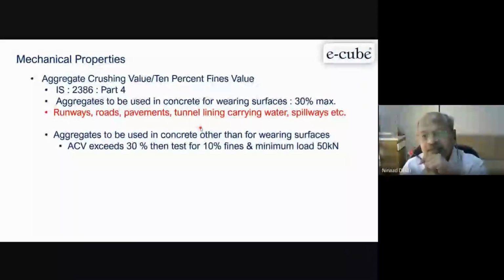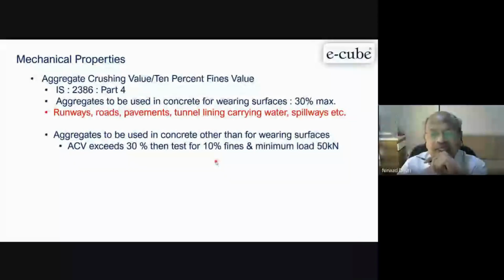But for normal buildings, you can go up to 45%. For wearing surfaces, you can go only up to 30%. So one has to understand which application you are going for, and accordingly check the quality of aggregates available in that particular area. Suppose they are not available, you have to bring them from far away, and that will increase your cost.